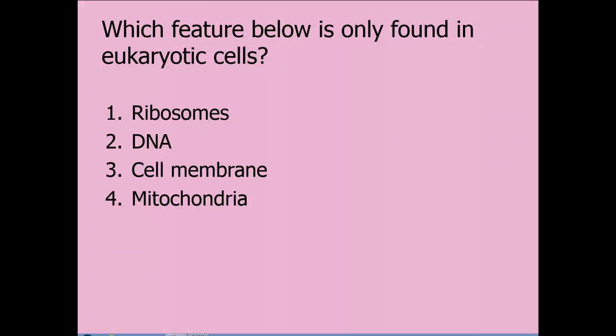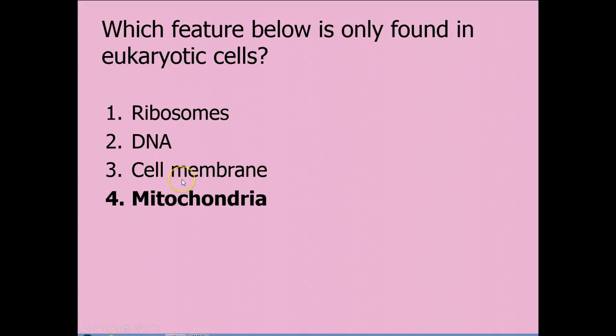So which feature below is only found in eukaryotic cells? If you think about this, it's not meant to be tricky, the answer would be mitochondria, because both prokaryotes and eukaryotes contain ribosomes, DNA, and cell membrane.